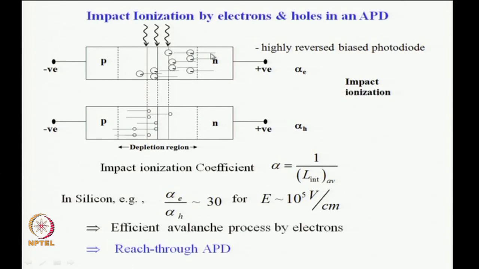As the electron proceeds, it creates additional electron hole pairs, and the hole proceeding in this direction creates additional electron hole pairs. So, an electron created here, moving in this direction, will keep on creating additional electron hole pairs. Similarly, a hole which is generated here will, as it accelerates in this direction, create additional electron hole pairs.